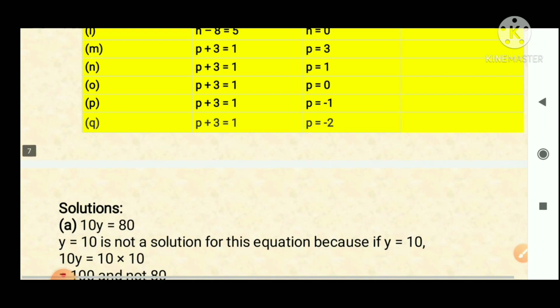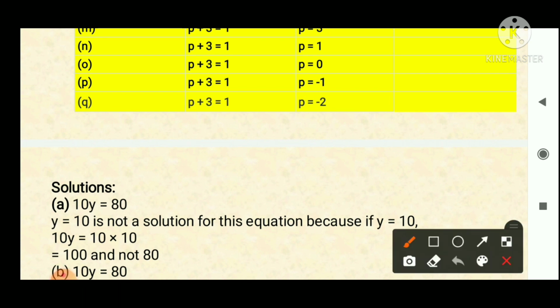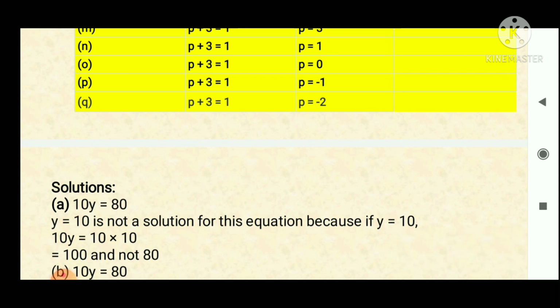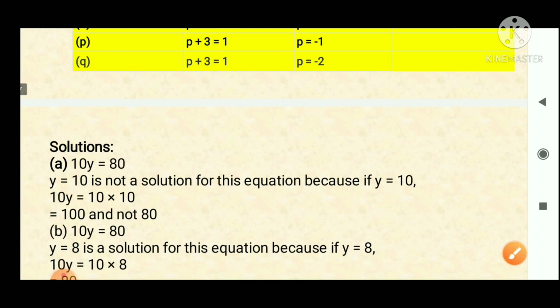So let's see the solution. Here the equation is 10y is equal to 80. So we have to use y is equal to 10. See student, the left hand side of this equation is 10y.